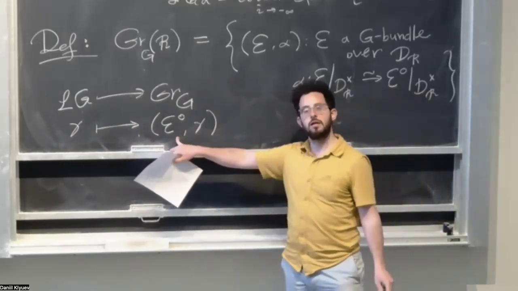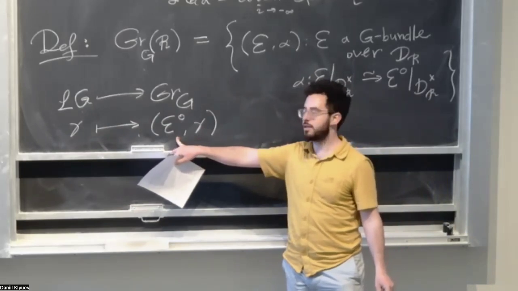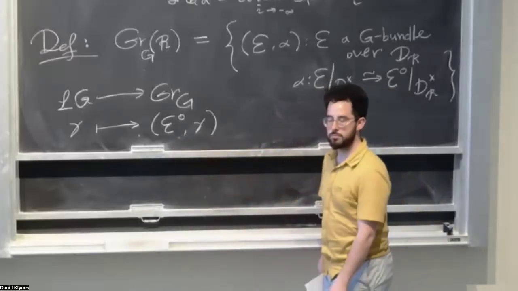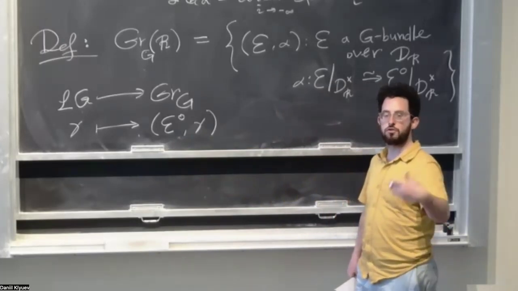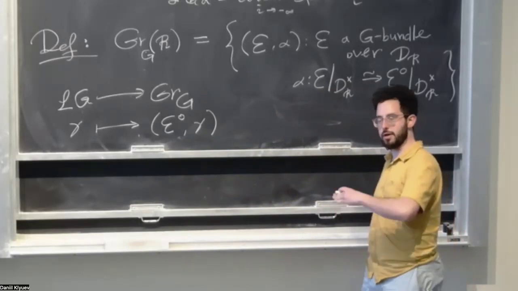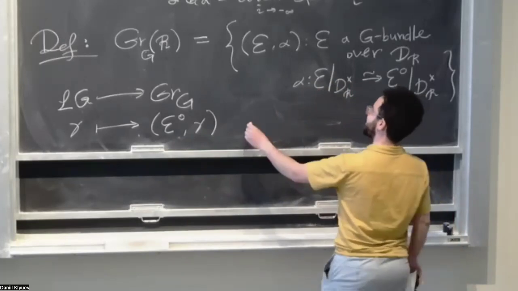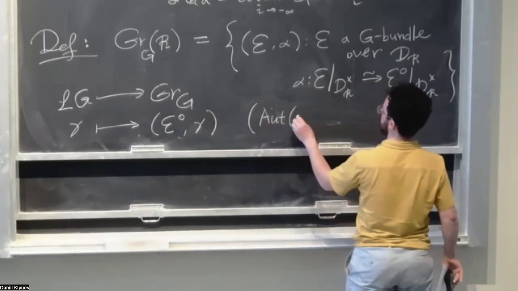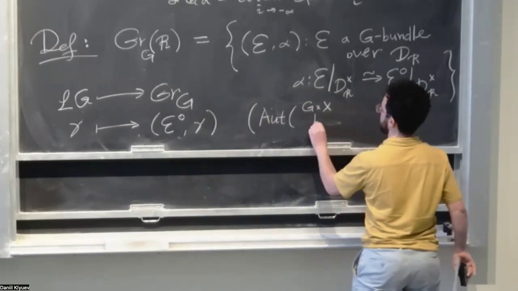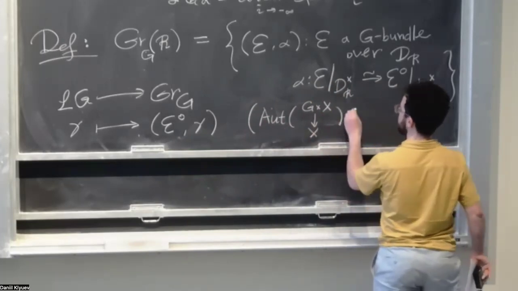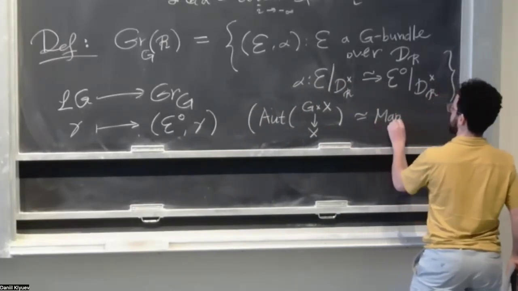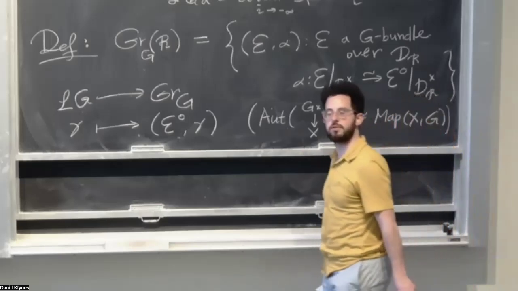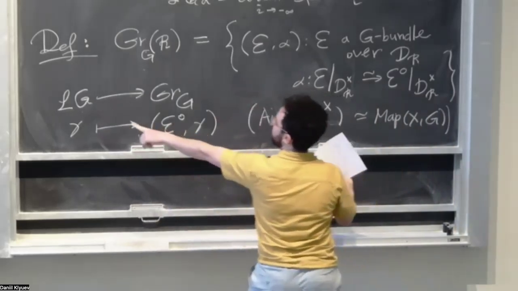If I have a trivial bundle, choosing a trivialization of it over the punctured disk is just choosing a map from the punctured disk to G. In general, automorphisms of the trivial G-bundle over X are the same as maps from X to G. Here X is the formal punctured disk, so it's an object of LG. So this gives us a map from LG to the affine Grassmannian.